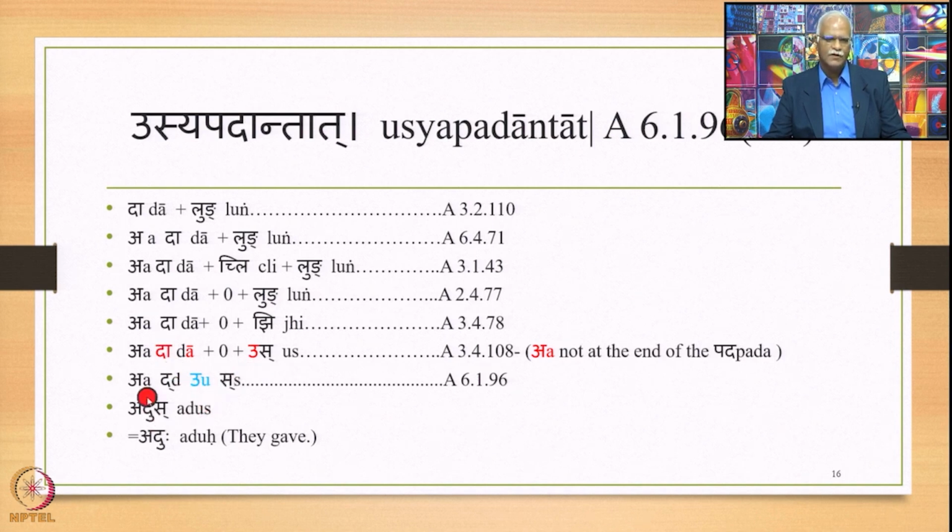So we have a, d, u, s. When we join them together, we get adus or aduhu, meaning they gave. In this case, this a and this u, this is the environment. A is not appearing at the end of a pada, and so both of them get substituted by this latter form u over here. This is what is usya padantat.